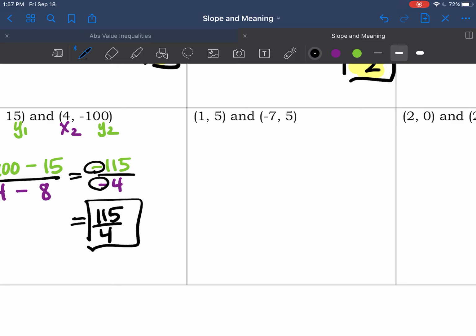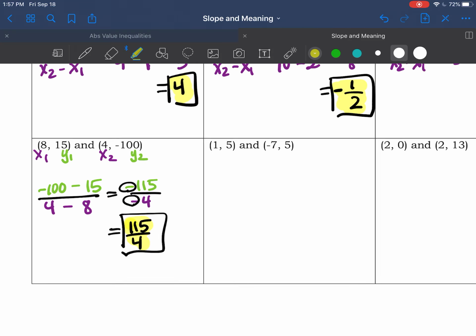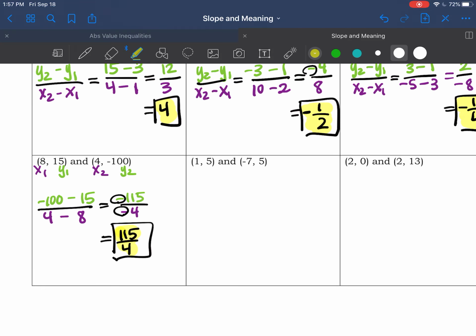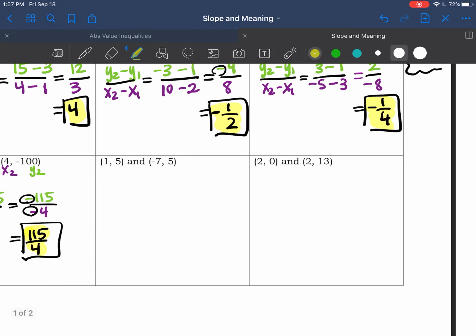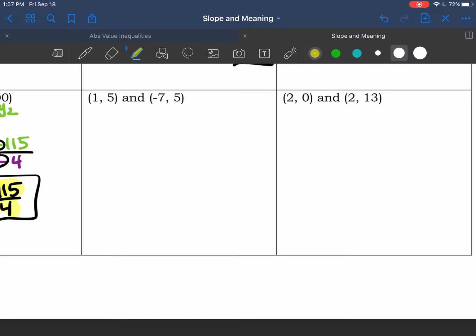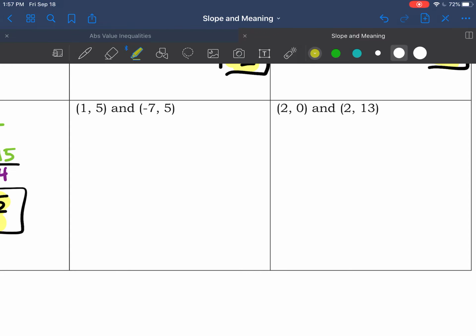Okay, over here, we don't because it's in both places. And 115 and 4 don't have any factors in common, so that's as simple as that fraction gets. If they have the decimal, you can also write the decimal. Okay, so these last 2 examples, I'm going to get a lot of questions, so I'm going to know if you watched the video to this point or not.